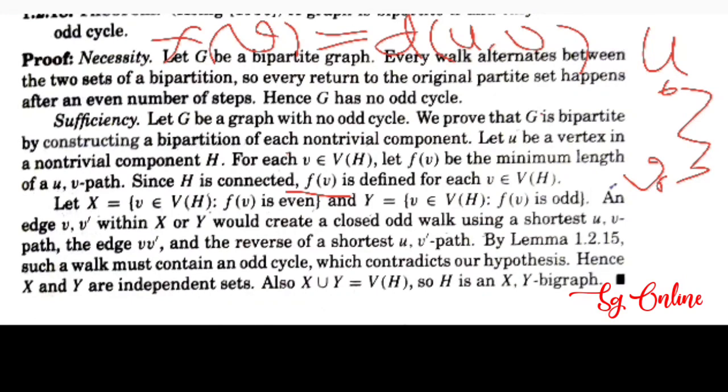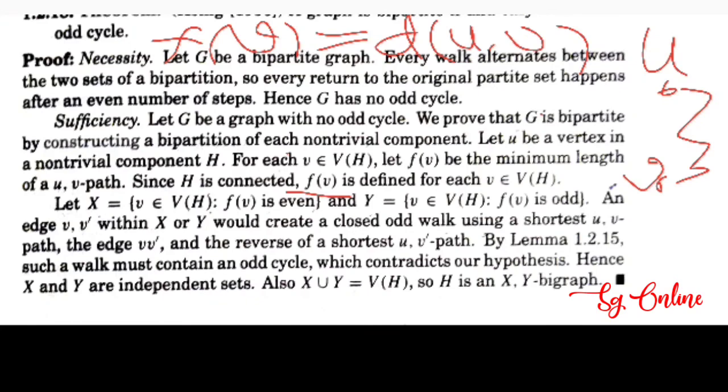For every vertex, f of v is the length of the shortest path between u and v, and by default f of u is 0, that is, d(u,u) is 0.